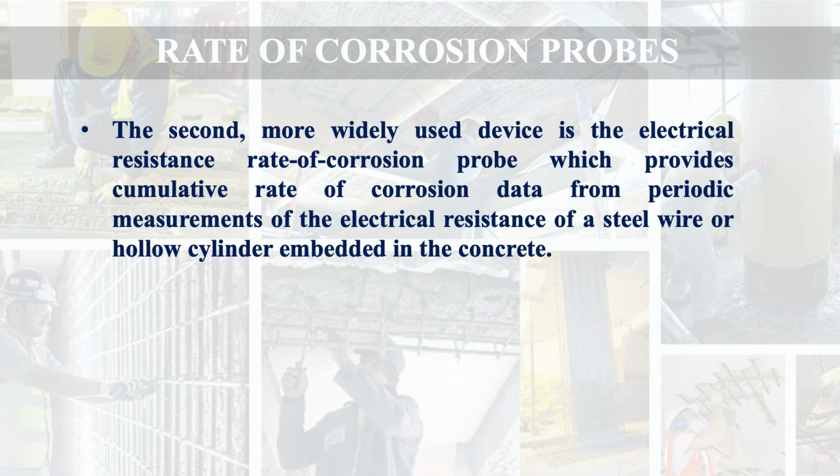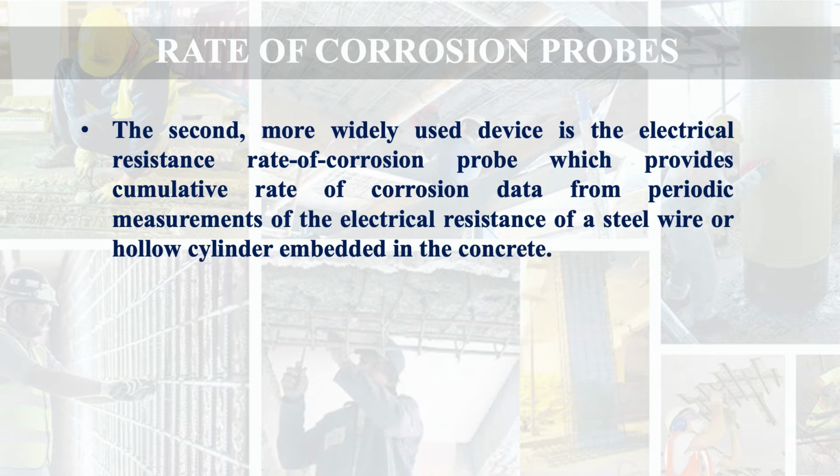The second one, more widely used device, is the electrical resistance rate of corrosion probe, which provides cumulative rate of corrosion data from periodic measurements of the electrical resistance of a steel wire or hollow cylinder embedded in the concrete.